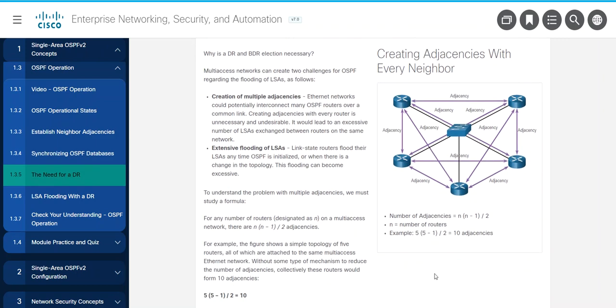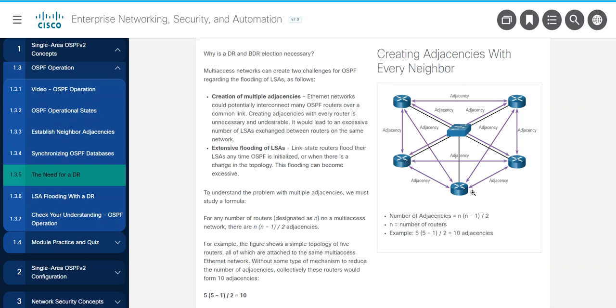So why do you need a DR and BDR, or designated router and backup designated router? Well, if you're not careful and everybody's sharing all their information on a network where you have lots of routers, each router is sharing its information with another router, updating the information received from one router and sending it back out to all the other routers.